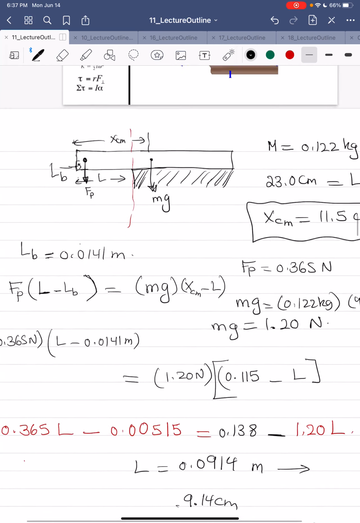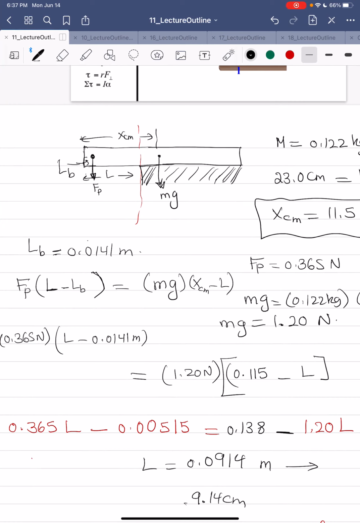Now, when it flips, it will rotate about this point here, which is really the edge of the table. The weight mg is going to try to rotate it this way, and the applied force is going to try to rotate it that way. These two torques should balance.